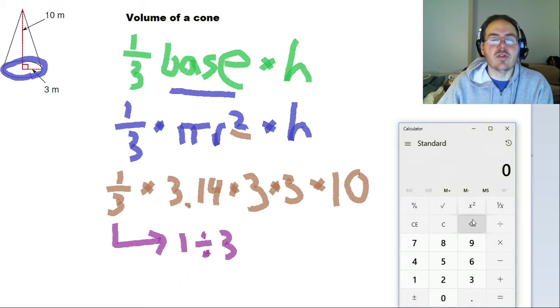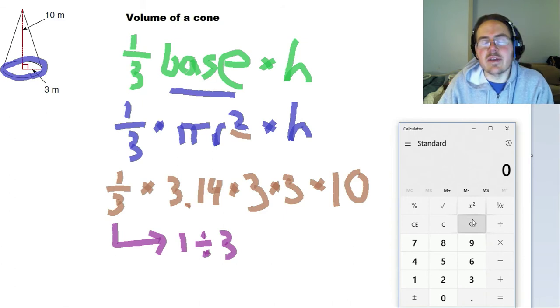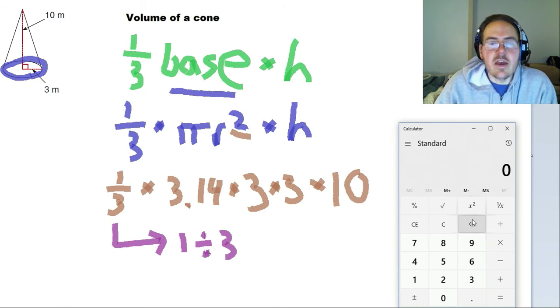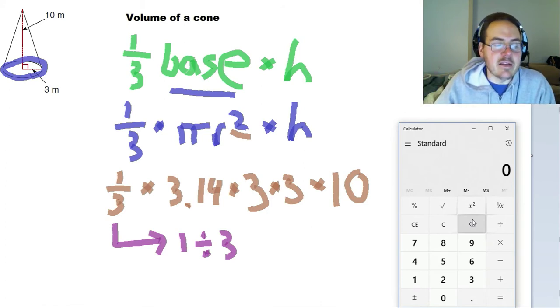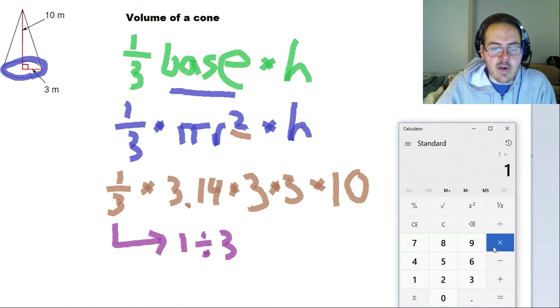When you start this process, the order of operations says that multiplication and division have the same priority, so we're just going to go left to right, and this division comes first. So you would just type in 1 divided by 3, get the long decimal, times 3.14 times 3 times 3 times 10, and voila.